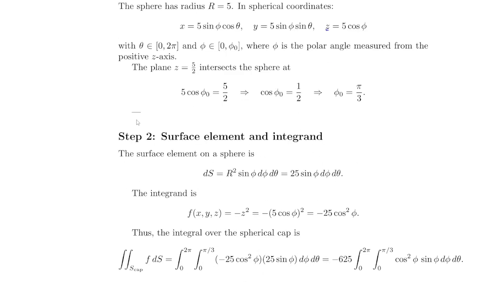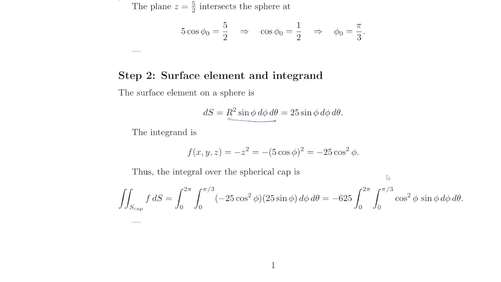And because we're using spherical coordinates, we also need to use the Jacobian, which is rho squared sine phi d phi d theta, which is 25 sine phi d phi d theta. Our function now has to be in terms of rho, phi, and theta. We substitute z equals 5 cosine phi and get negative 25 cosine squared phi.